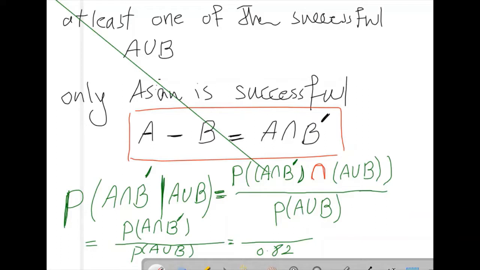Again, please listen to me. According to the question, we had that A and B are independent.